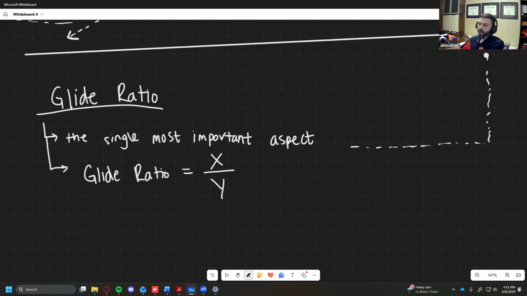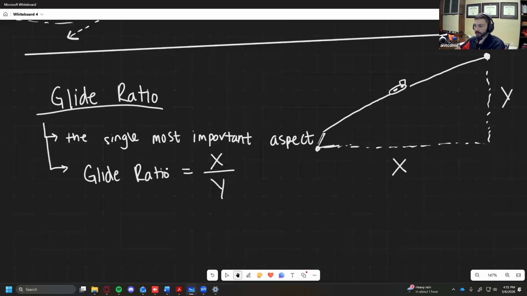If here's our starting point, we're gliding along. Here's our breadstick plane. Drew it a little too glidey. There we go. This is going to be your x distance over your y distance. Okay, so this is going to be defined as glide ratio. So horizontal distance traveled, altitude that you lose.